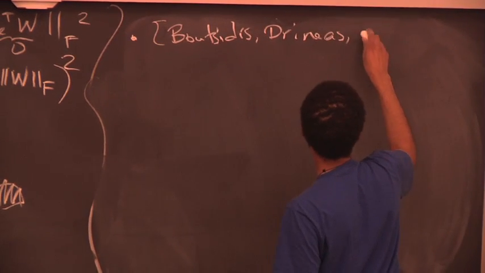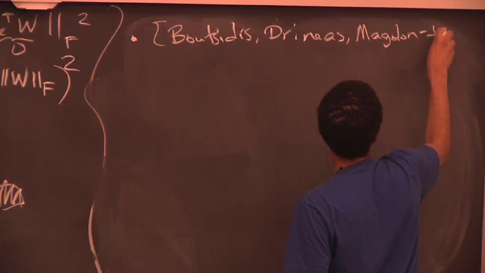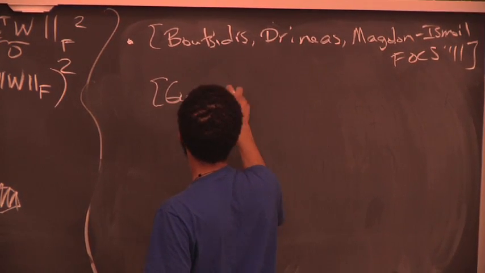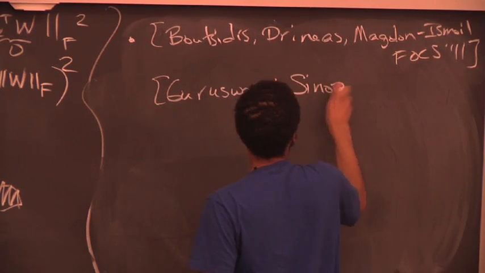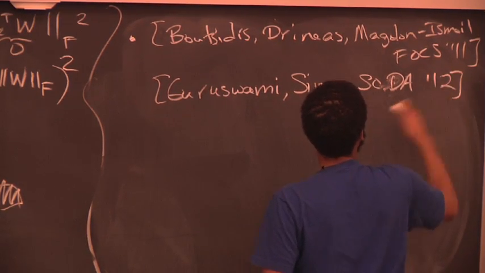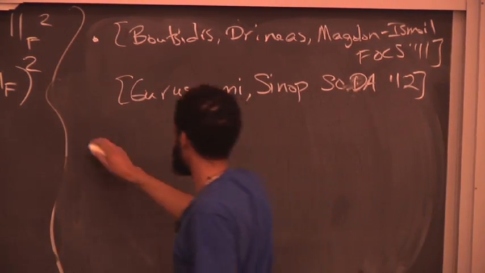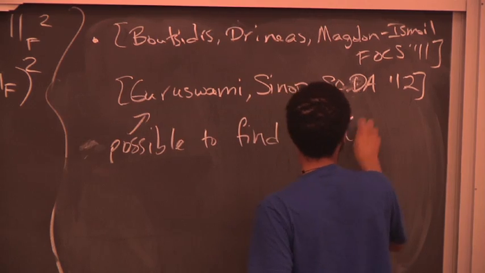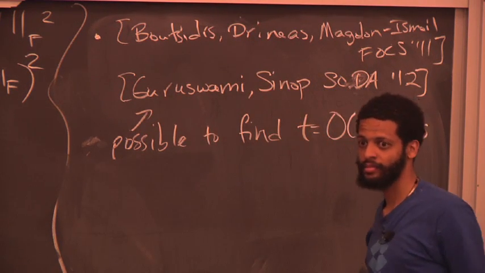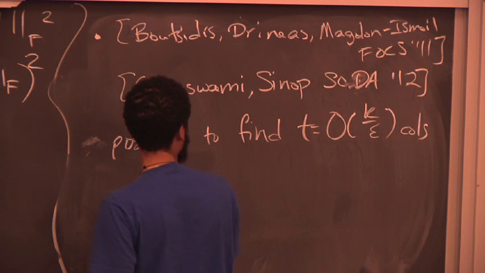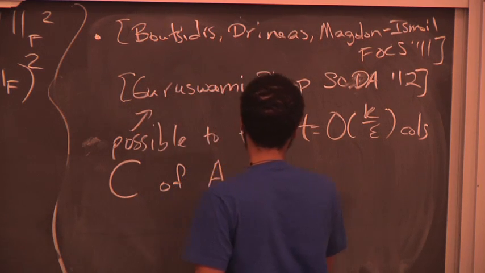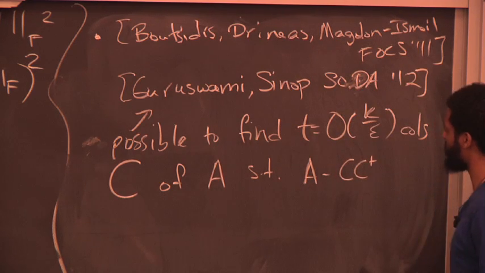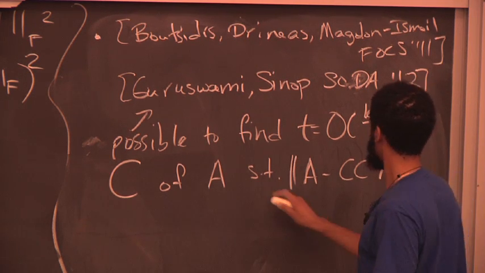Boutsidis, Drineas, and Magdon-Ismail, as well as Guruswami and Sinop, say it's possible to find T, being some O of k over epsilon columns C of A, such that A minus CC minus, the projection onto those columns, A is small.